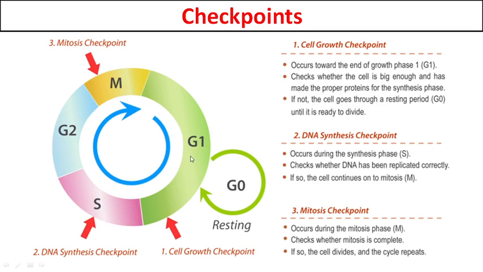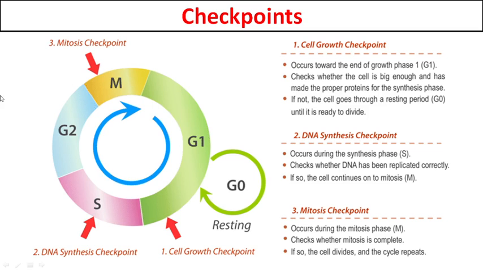If there is any problem, if the cell is not the right size, or there is not enough nutrition, or any other reason, the cell cycle will stop here and the cell will go into G0 phase, which is resting phase or cell arrest. Once that checkpoint is crossed, that yes, the cell is ready, everything is fine, let us do DNA replication now.